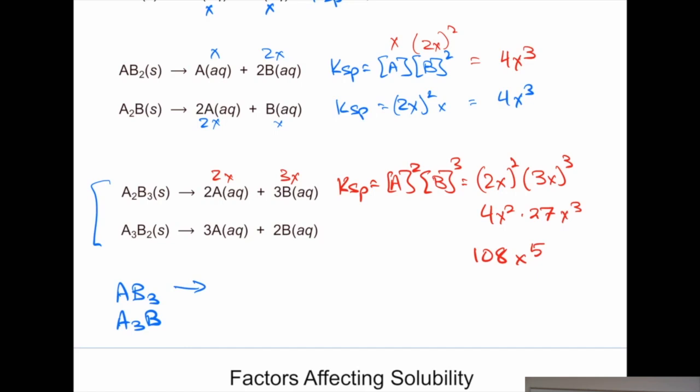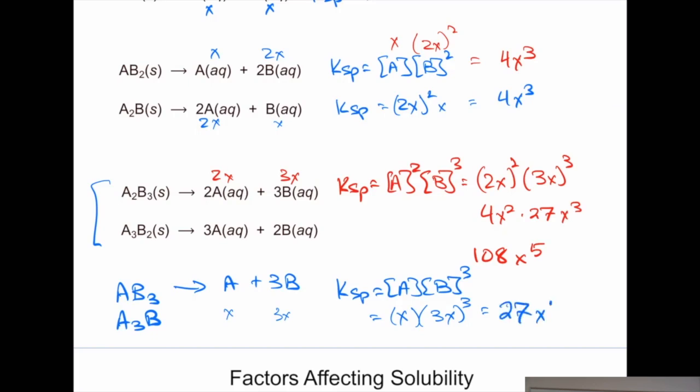We take this, it dissociates into 1 mole of A and 3 moles of B. So the Ksp is going to be equal to x times 3x cubed, so A times B cubed, which is equal to 27x to the fourth.